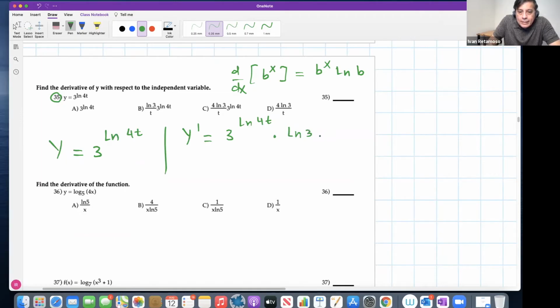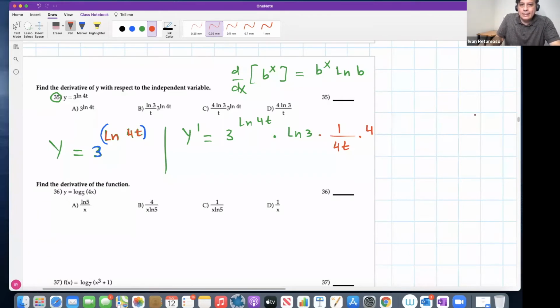But now, guys, notice this is a composite function. Outside function: 3 raised to something. Inside function: natural log of 4t, right? So we're going to attach here the derivative of this guy. But what's the derivative of this guy? 1 over 4t times the derivative of the inside function, 4.